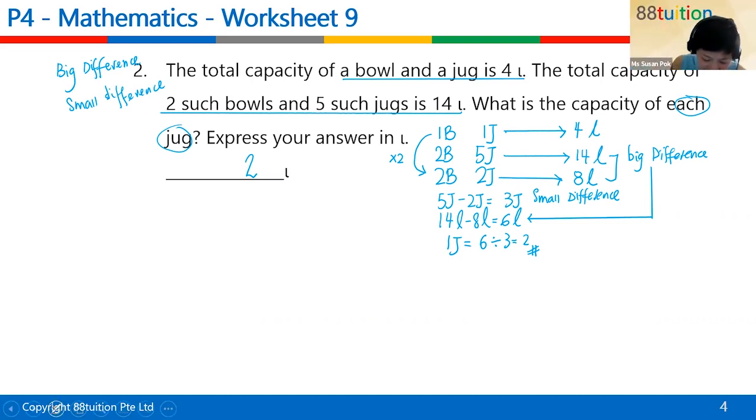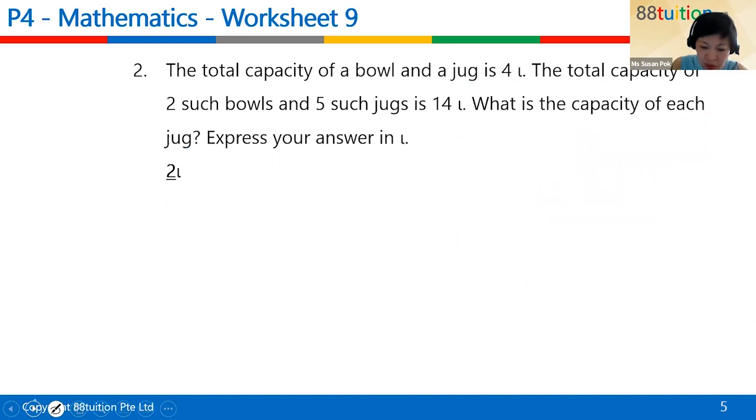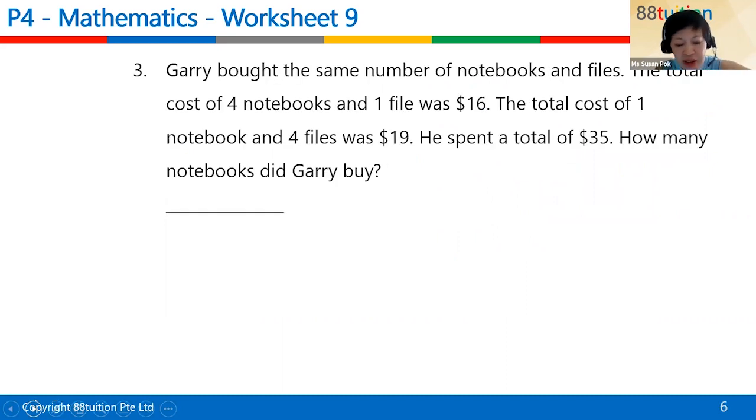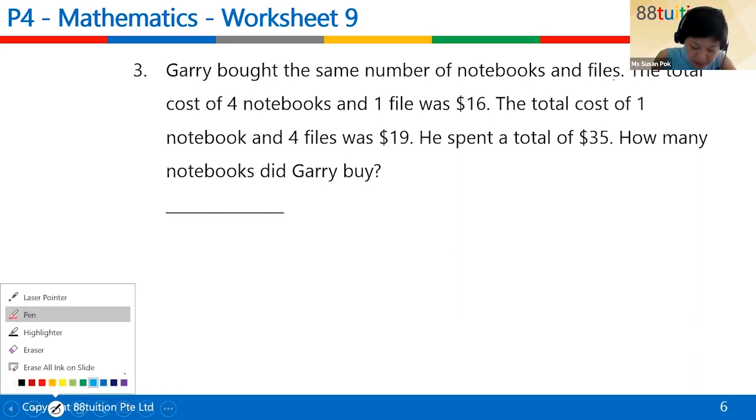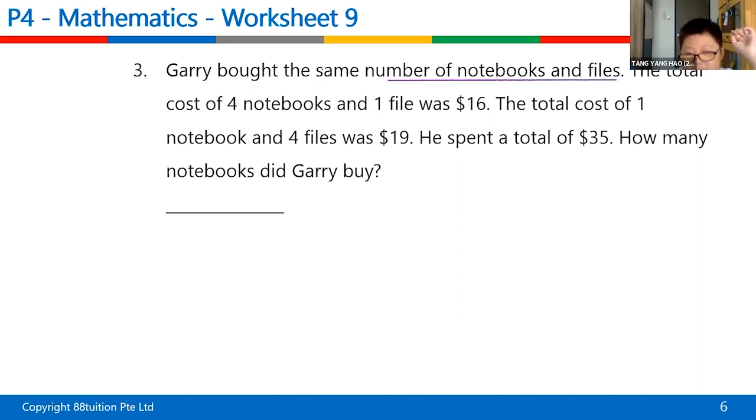All right. Let's take a look at the next sum. Question 3. Gary bought the same number of notebooks. This one is my turn to read, because both of you have read. Ready? Let me do it. Gary bought the same number. Same number means how many notebooks you have, it will be the same for the files, right?